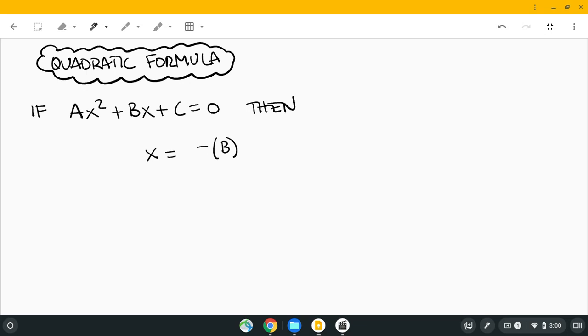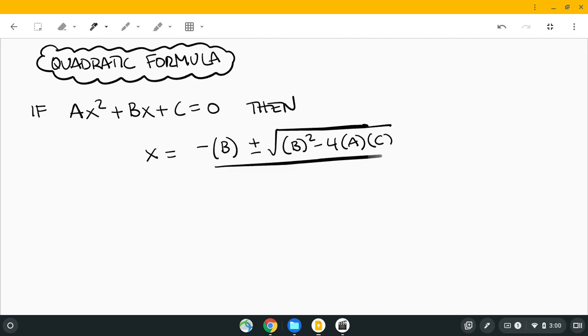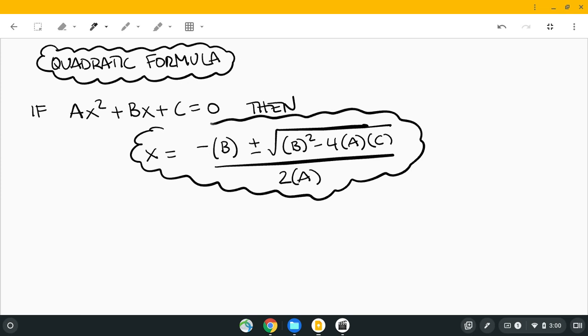I like to use parentheses to keep track of all of my signs, and I highly recommend that you also use parentheses. Plus minus the square root, b squared, minus 4 times a times c, all over 2a. So this is the quadratic formula. Hopefully you have this memorized.